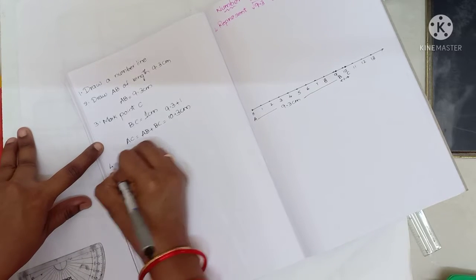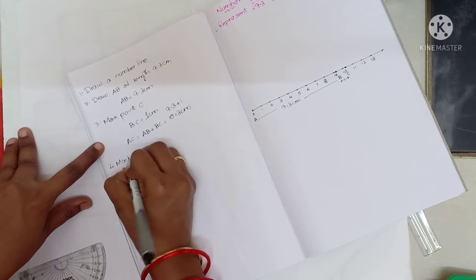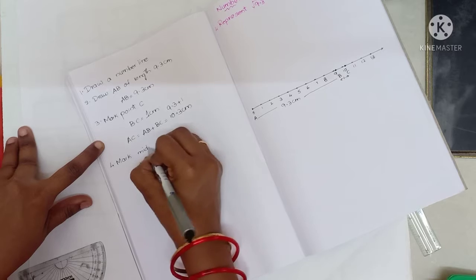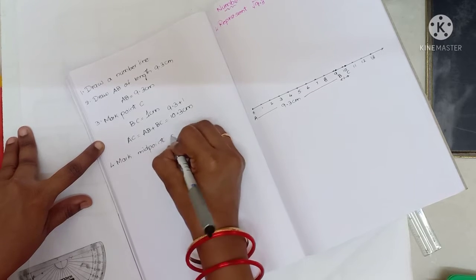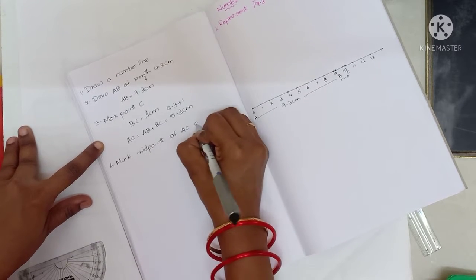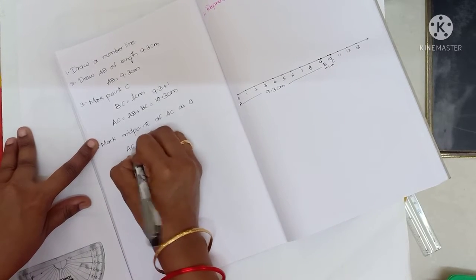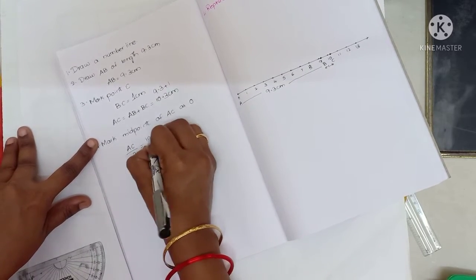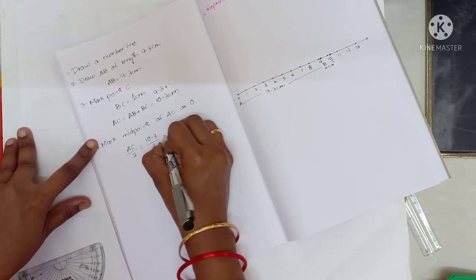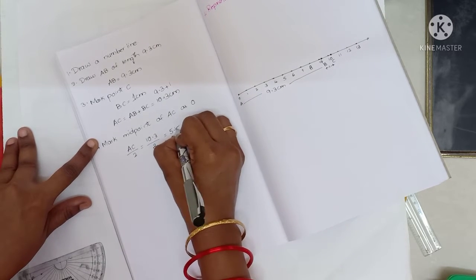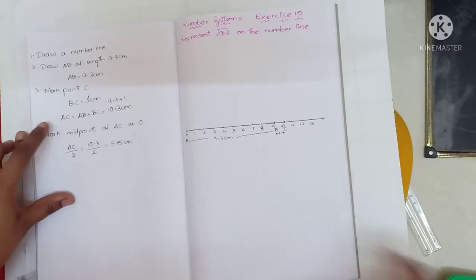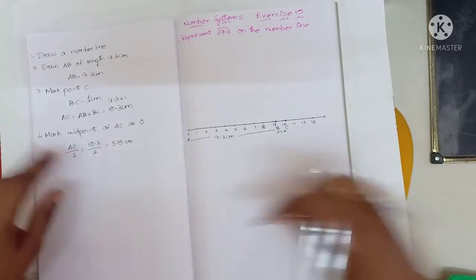Now mark the midpoint of AC as O. What will be the midpoint, children? The midpoint is nothing but AC by 2. That is 10.3 by 2. You get 5.15 centimeters. Now what do you do, children?